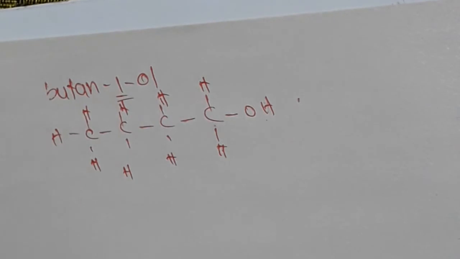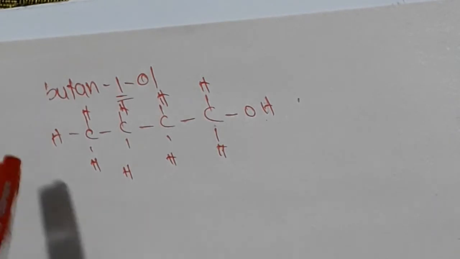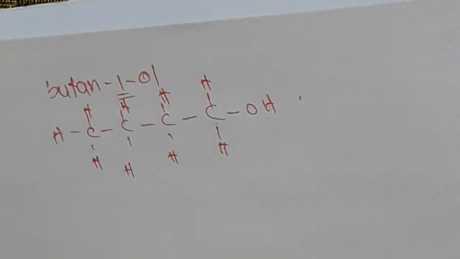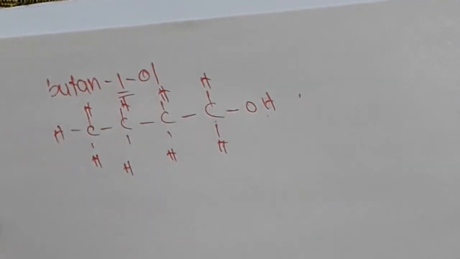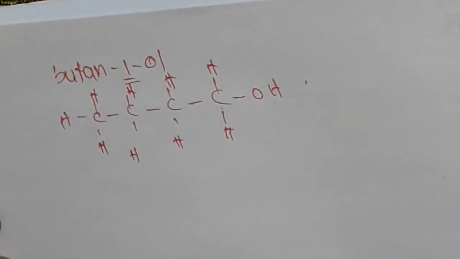That is isomer. So this is butanol, and you have to draw another isomer for this. Another isomer means another compound which consists of the same number of carbon, hydrogen and oxygen, but the structure is different.